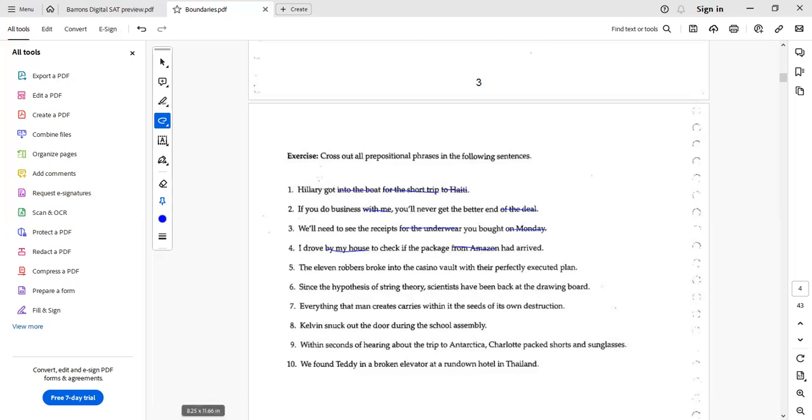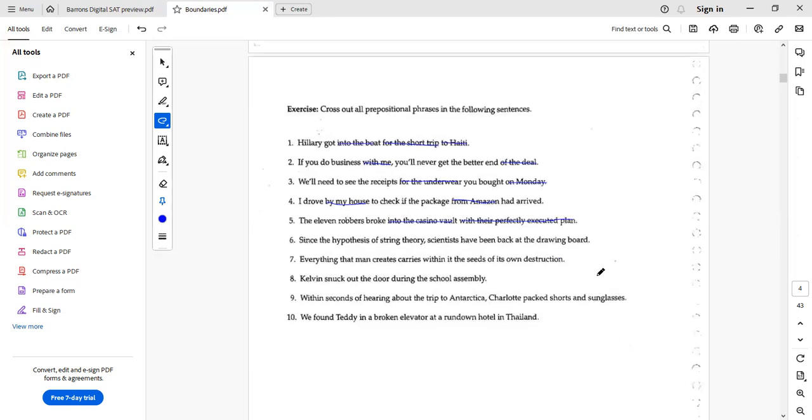Masa, number 5. Into the casino vault. Okay, this one. And with their perfectly executed plan. Thank you. Perfect. Number 6, Sohaib. Of string theory. There is another one: at the drawing board.